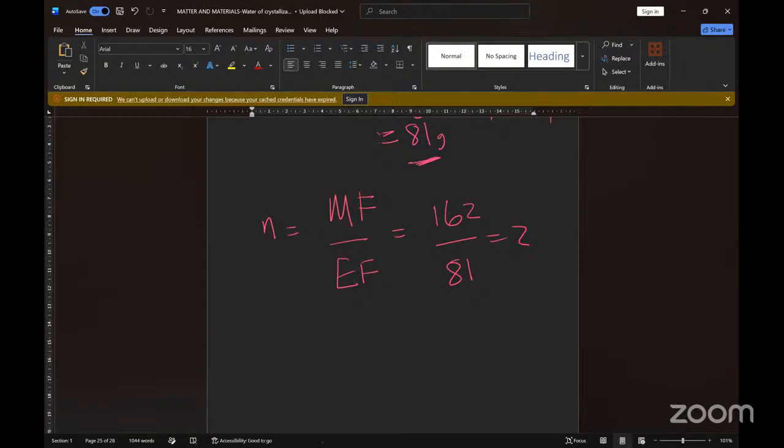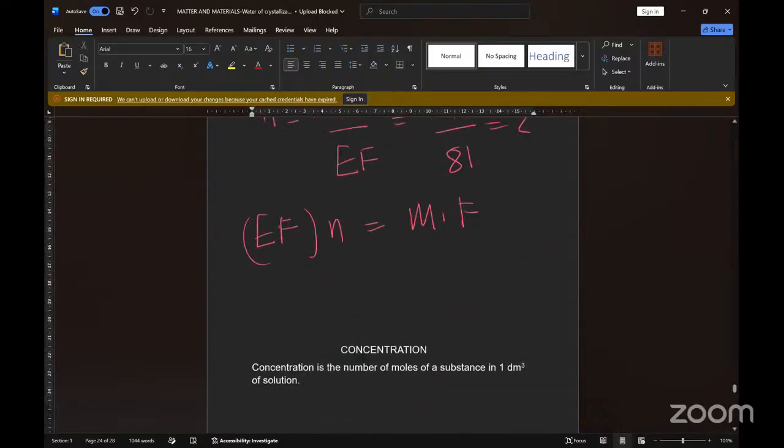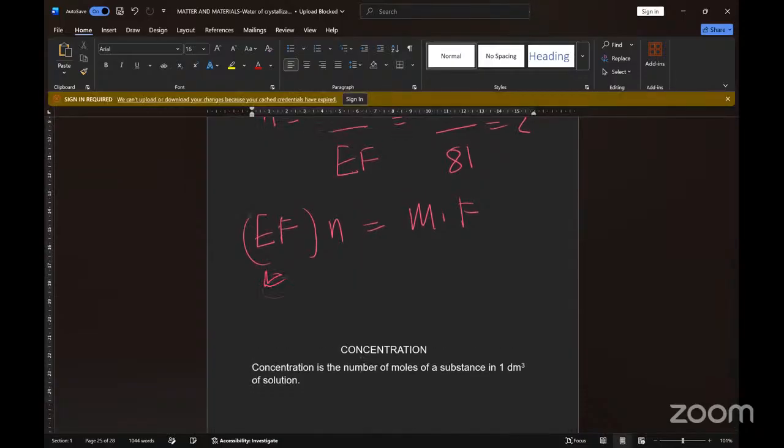And therefore, we can say that our empirical formula times n should be equal to our molecular formula. So our empirical formula was previously C5H7N. So we are going to write it like this: C5H7N, but there are 2 here.